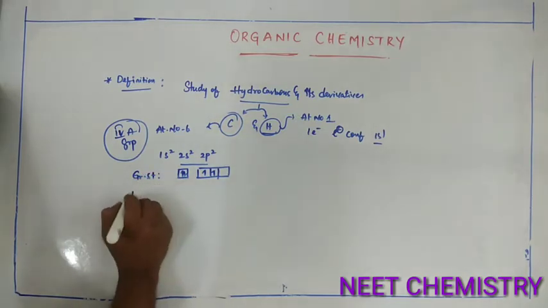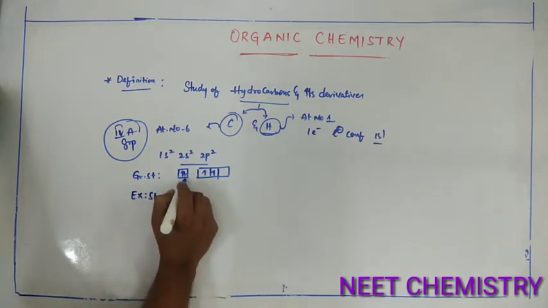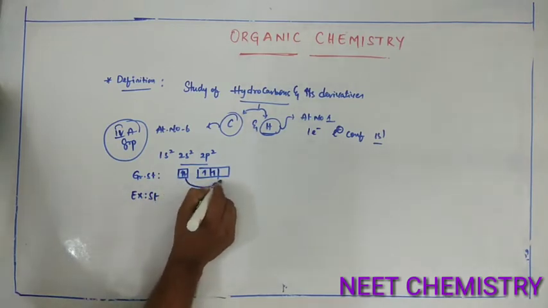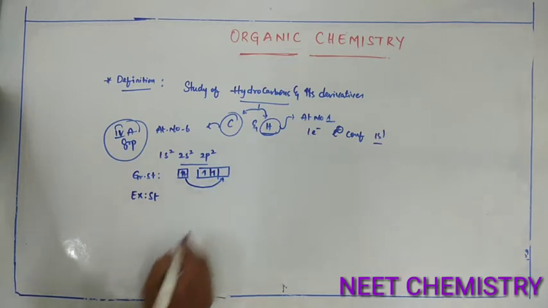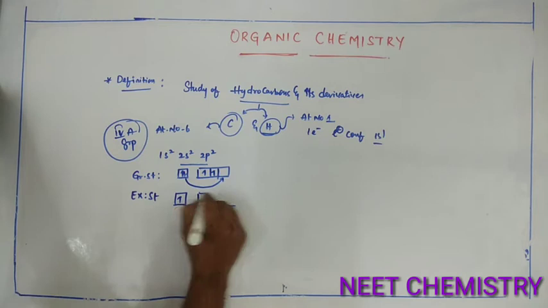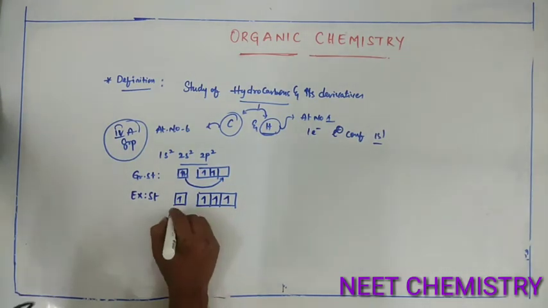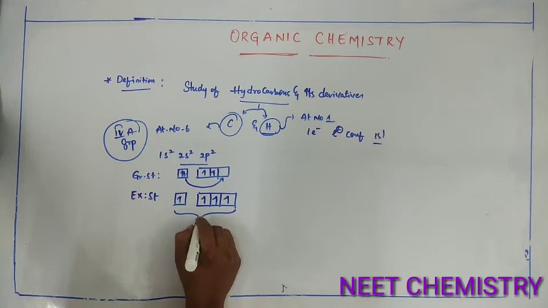In the excited state, a 2s electron jumps from 2s to 2p, and the electronic configuration becomes 2s1, 2px1, 2py1 and 2pz1. That means 4 unpaired electrons are available.